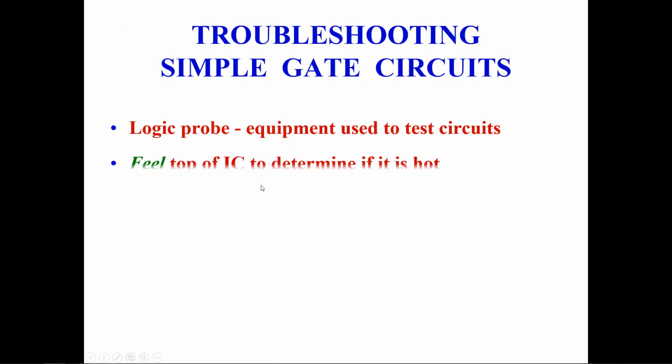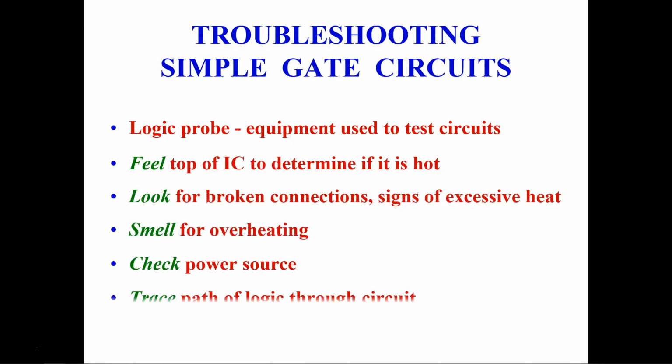Now, troubleshooting simple gate circuits. The first thing is the logic probe. Equipment used to test the circuit is very important when you are troubleshooting a simple gate circuit. You need to check the temperature of the IC, whether it is hot or cold. If it is hot, then you might need to replace the IC because it might be damaged.